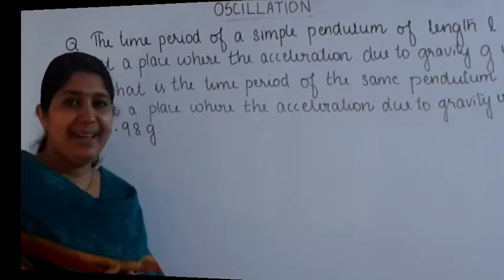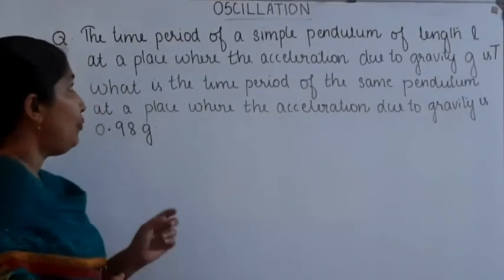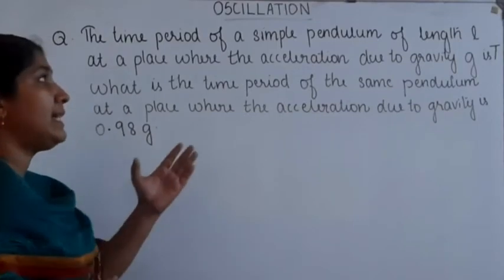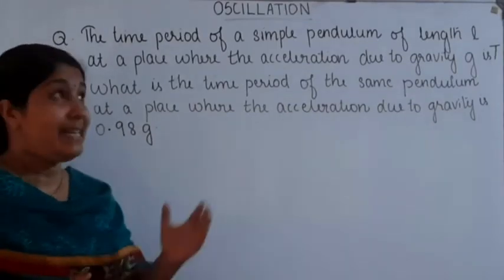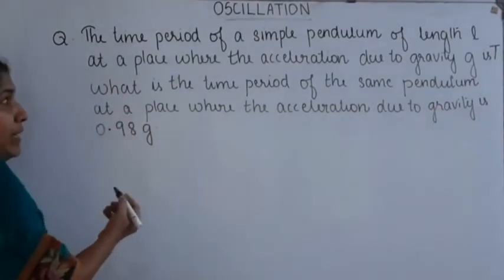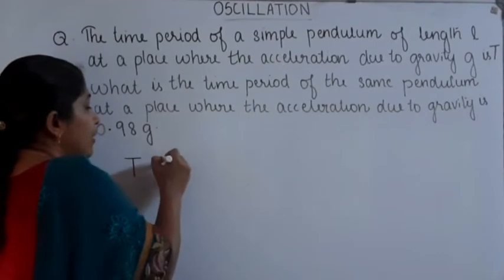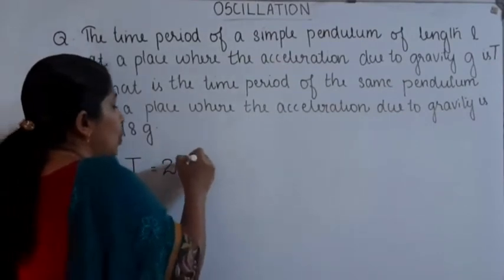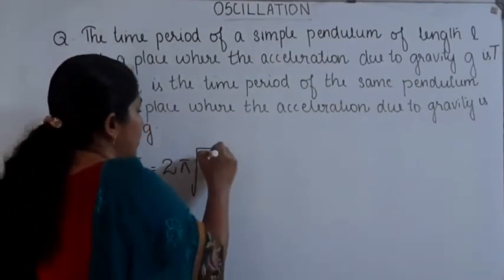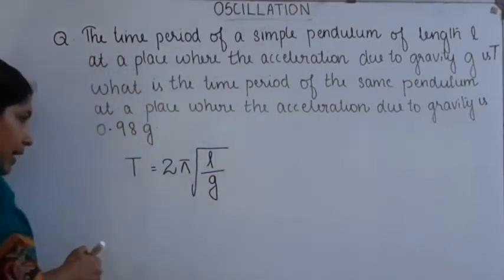Our next question. The time period of a simple pendulum of length L at a place where the acceleration due to gravity is g is T. Time period of simple pendulum T is equal to 2 pi root of L divided by g, where L is the length of the pendulum and g is the acceleration due to gravity at that place.